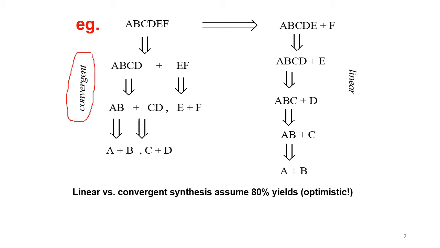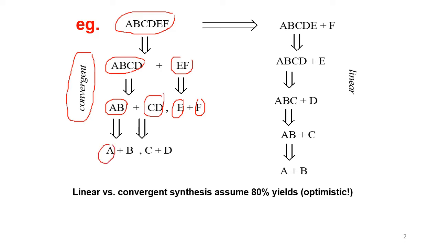In order to make ABCDEF, it can be made from ABCD plus EF. ABCD can be made from AB plus CD, and EF can be made from E plus F. Then AB can be made from A plus B, and CD can be made from C plus D. This is the convergent type of synthesis.